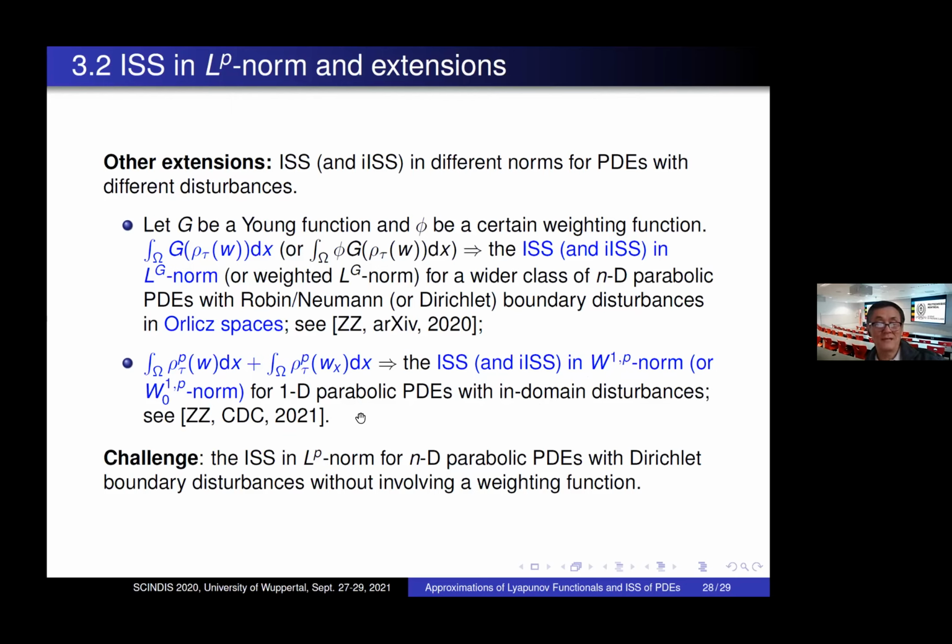This is a very fresh idea. We hope that we can get some new results, or maybe we get nothing. Everything is possible. At least, for example, we can try to see if it is possible to establish the L^p norm, but not the weighted L^p norm, for parabolic equations with Dirichlet boundary conditions.